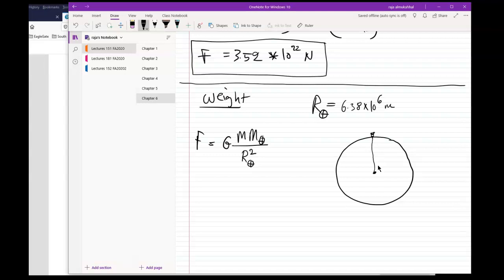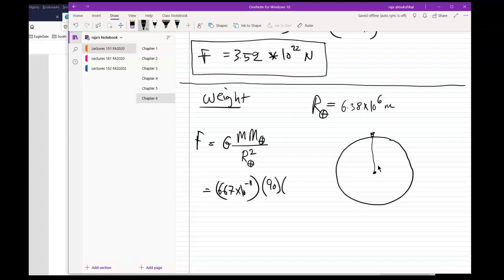This in itself is equal to what? Let's calculate this number, just for the sake of argument. So G here is 6.67 times 10 to the negative 11. What's my mass? Let's say my mass is 90 kilograms, roughly.